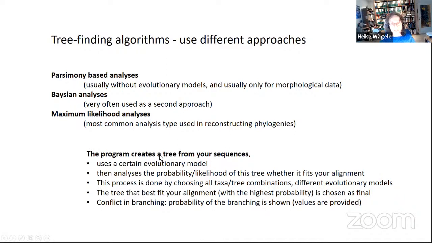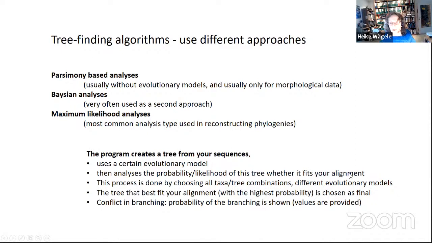So the program creates a tree from your sequences, and it uses an evolutionary model that it has also calculated. Then, for the maximum likelihood analysis, it analyzes the probability or the likelihood of this tree, whether it fits your alignment.